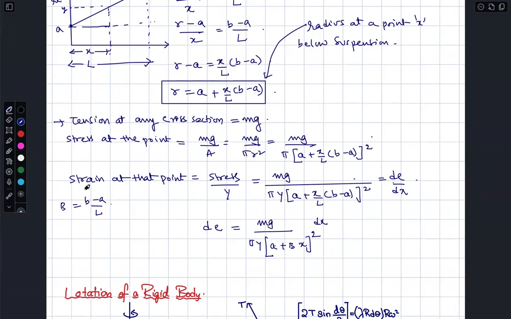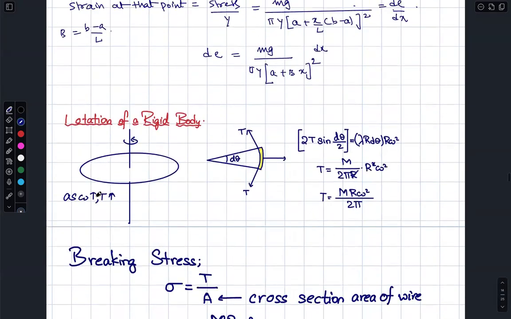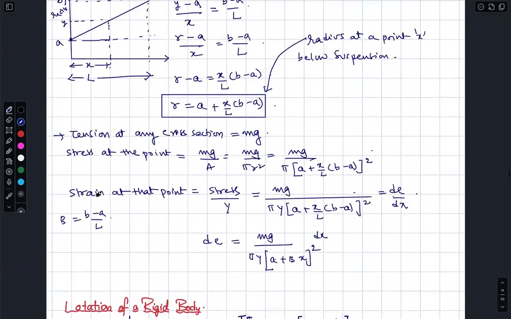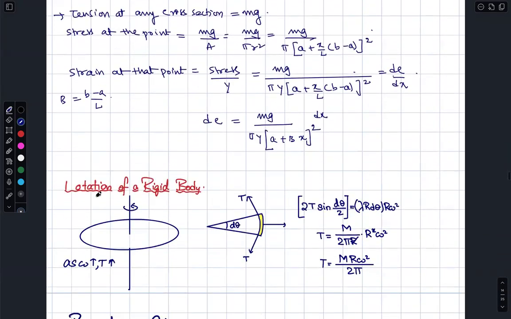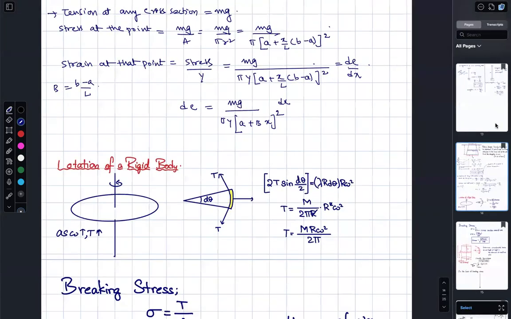Now you need to write this part properly. See, you need to do the integration part properly.